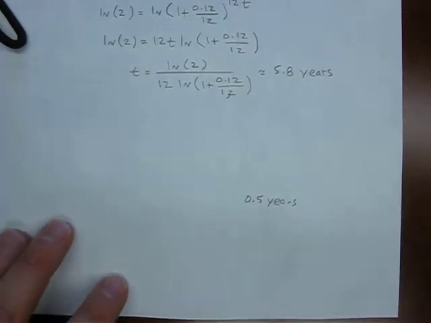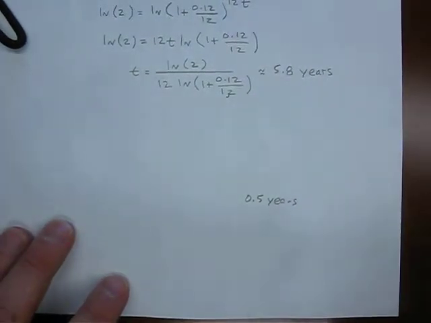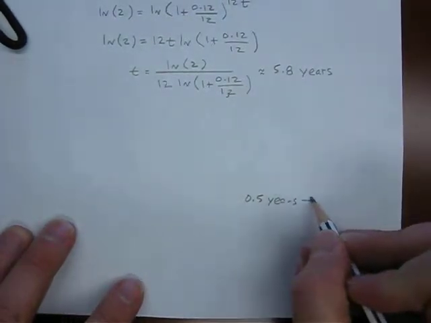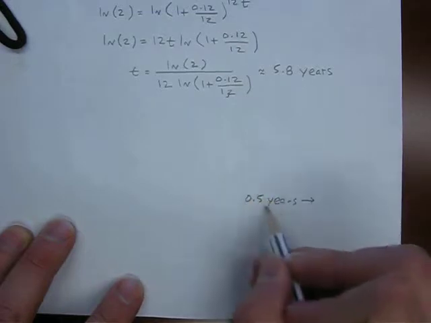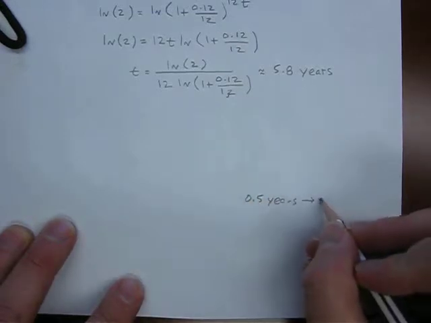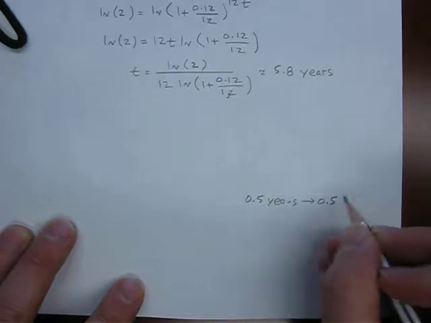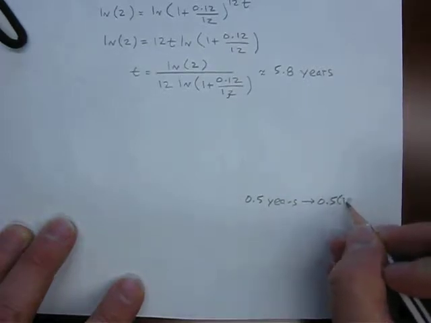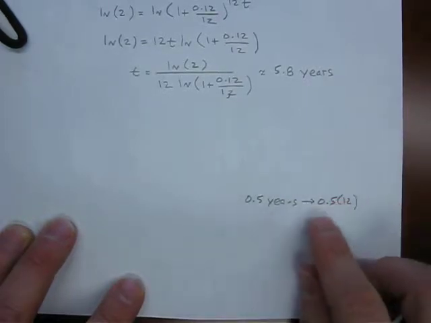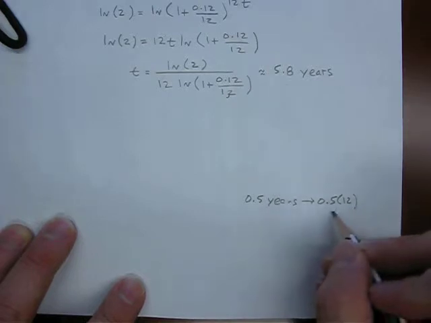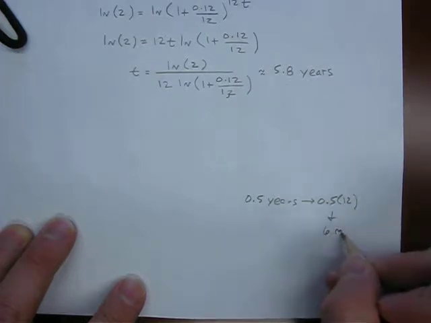How many months is that? That's 6 months. That's half a year. So the way you can convert from some decimal number of years into months is take that decimal, multiply by 12, and if you do 0.5 times 12, you will get 6 months.